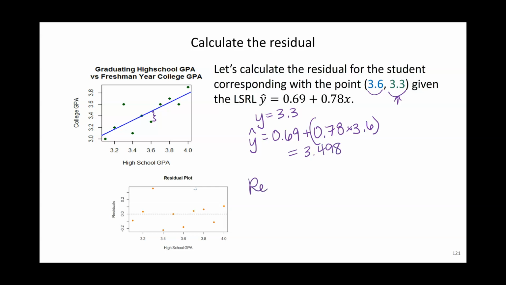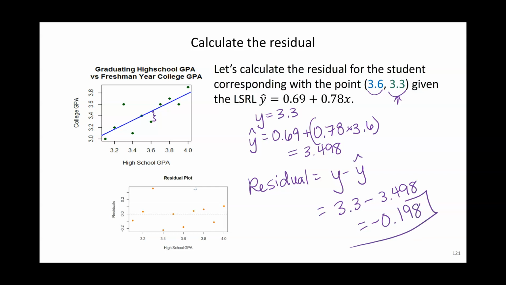So your residual is what you observed, y, minus what you predicted, y hat. So 3.3 minus 3.498. I'm going to get negative 0.198. So this is my residual right here.